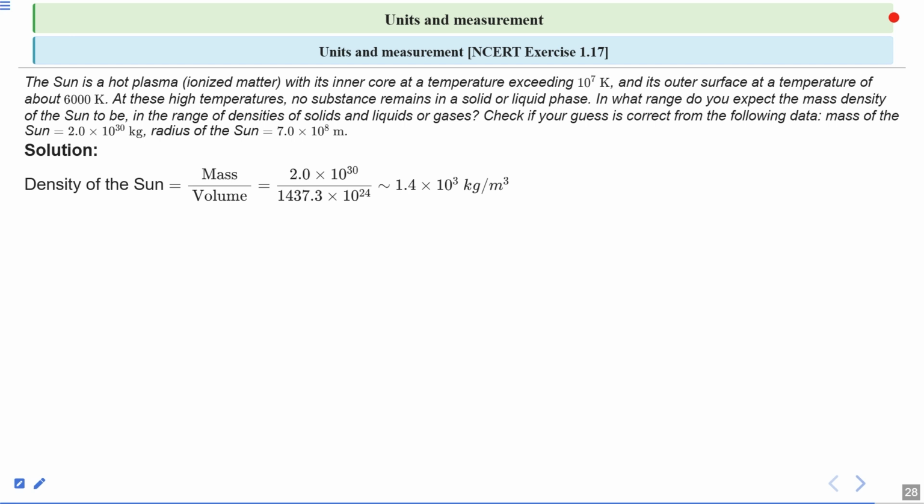Why is that? Could you please tell that in chat? Why does it have a density comparable to solid, even though it should have a density lower than gases? It is because of the high gravitational attraction of the sun to its mass.